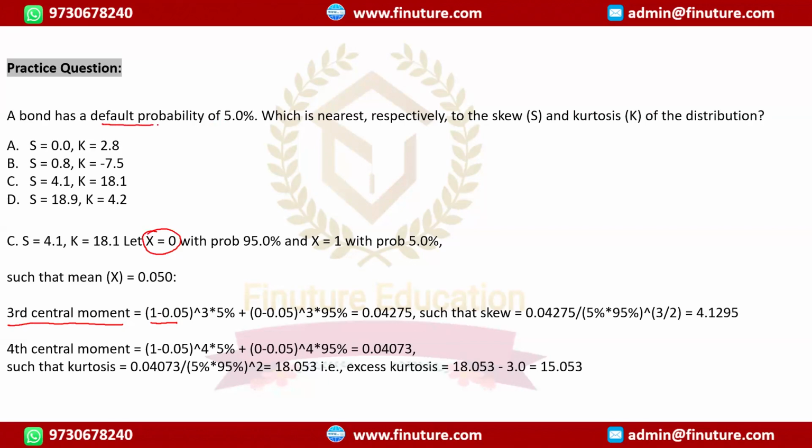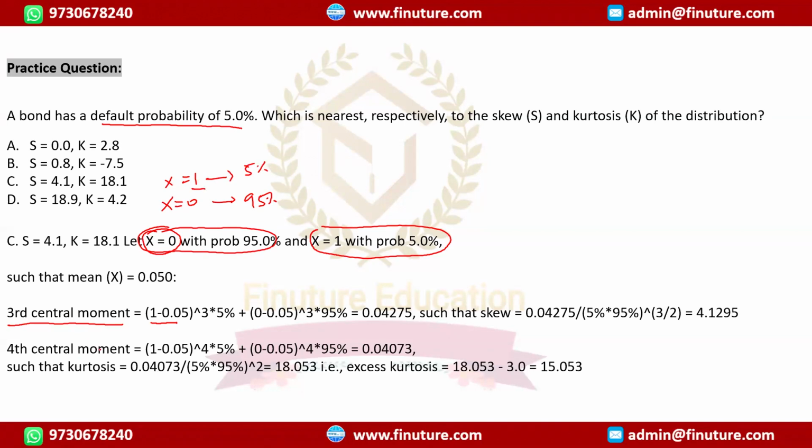So when you say probability of default, which is 5%, you are saying that when you default, it is 5%, and when you don't default, it is 95%. So outcome x equal to 0 has 95% probability. Outcome x equal to 1 has 5% probability. When I say 1, it is default.